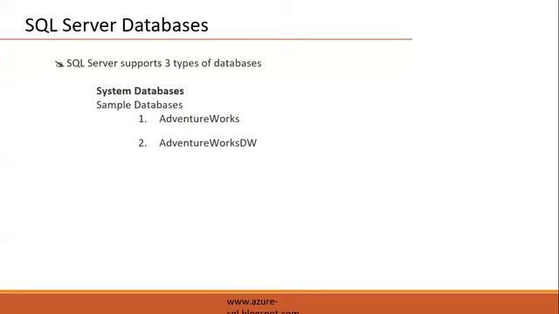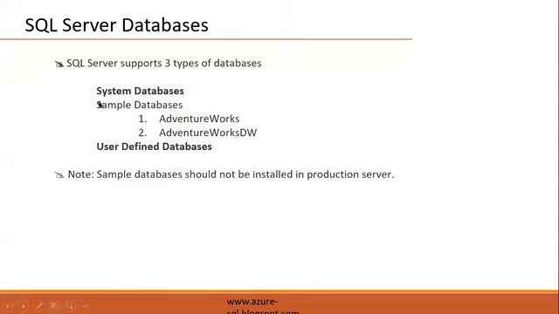Generally, we have three types, but these sample databases are there here. Sample databases we are not using in a production box. We can't maintain sample databases in a production server. Only system databases and user databases are maintained in production servers. But for learning or testing purposes, we can install a sample database on our laptop for practice.